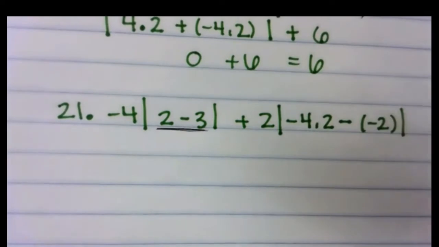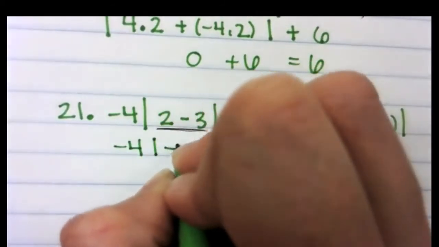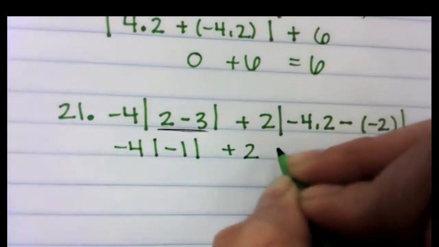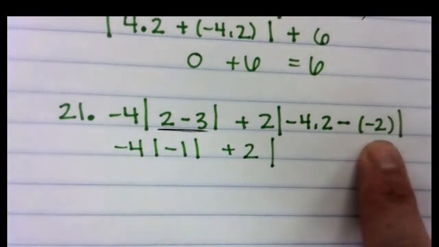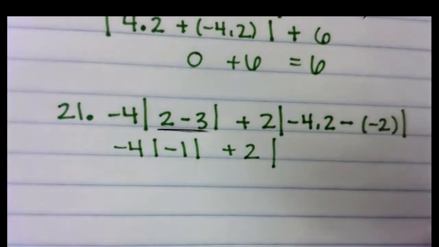So we're going to do 2 minus 3. What's 2 minus 3? Perfect. So you have negative 4 times the absolute value of negative 1, plus 2. What do you know happens to a minus a minus? Positives.